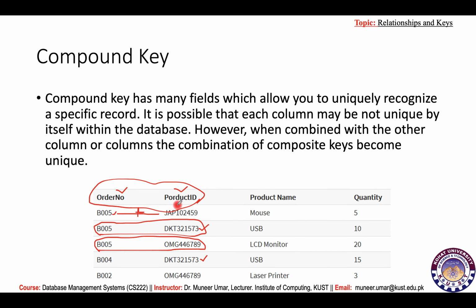Now if I say that this is a compound key, then either order number or product ID is a foreign key in another table. Means that one of these keys is used to connect the records with other tables.